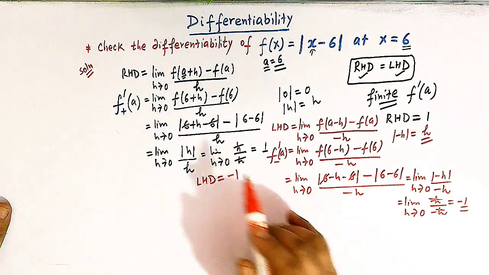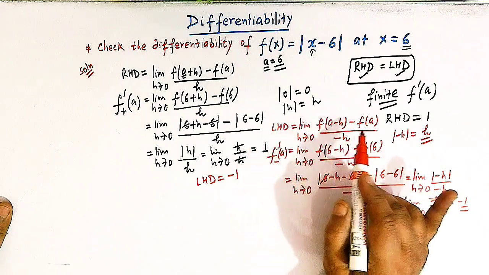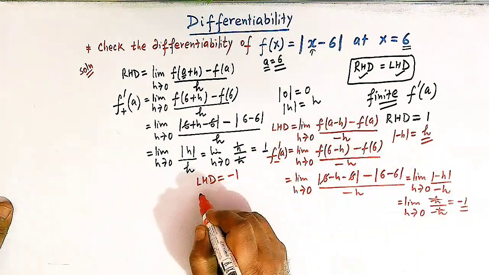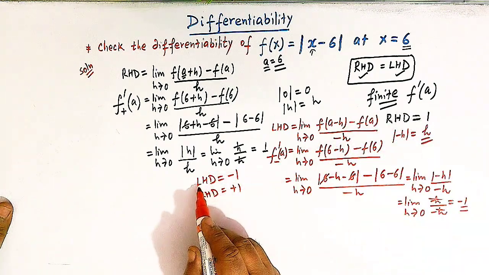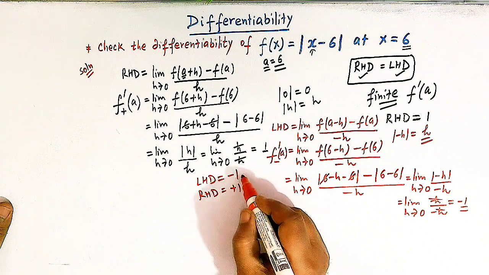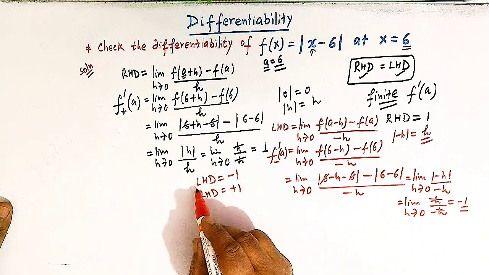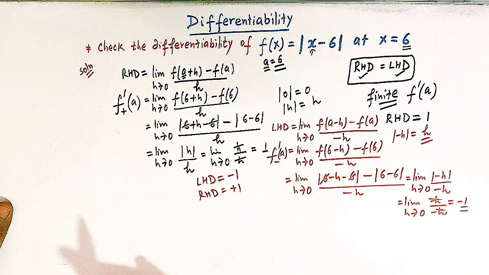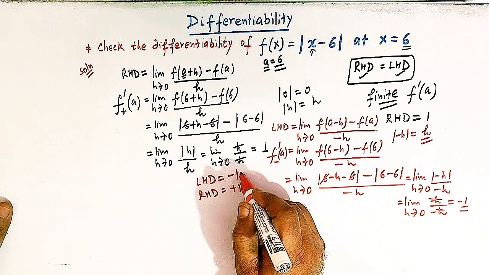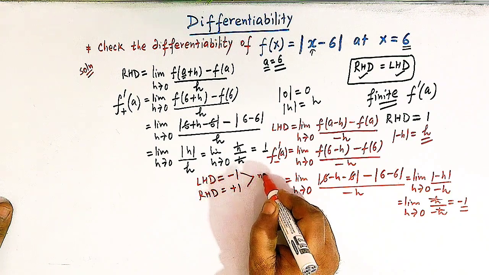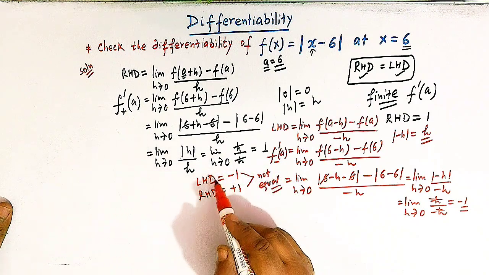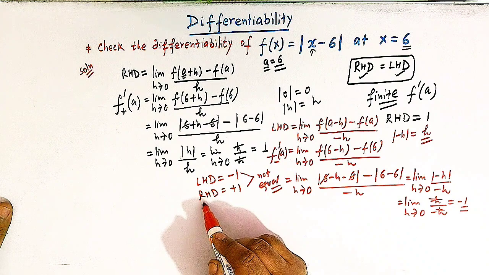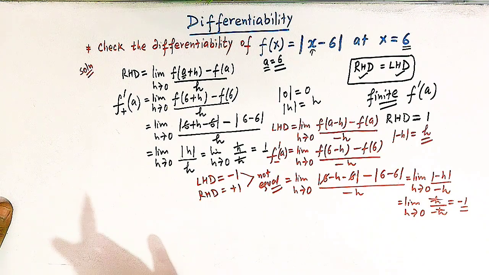So viewers, from this calculation and discussion, we see that the right hand derivative is given by plus 1, and the left hand derivative is given by minus 1. Here we can easily see that the left hand derivative and right hand derivative both are finite and they exist. But these two derivatives are not equal to each other, because the condition for the differentiability of a function at some given point is that the left hand derivative and the right hand derivative should be equal to each other.